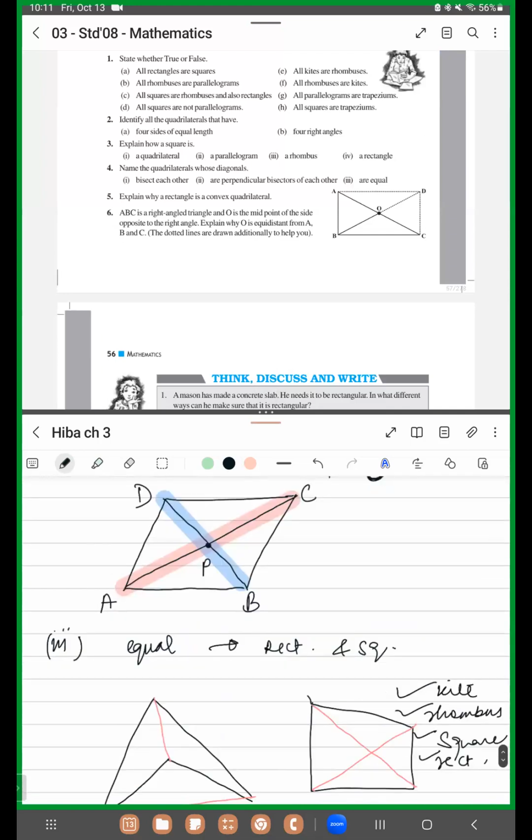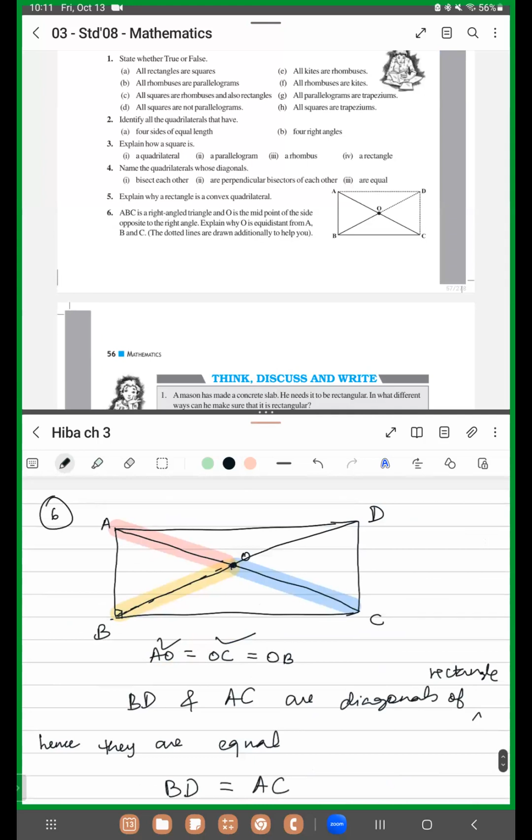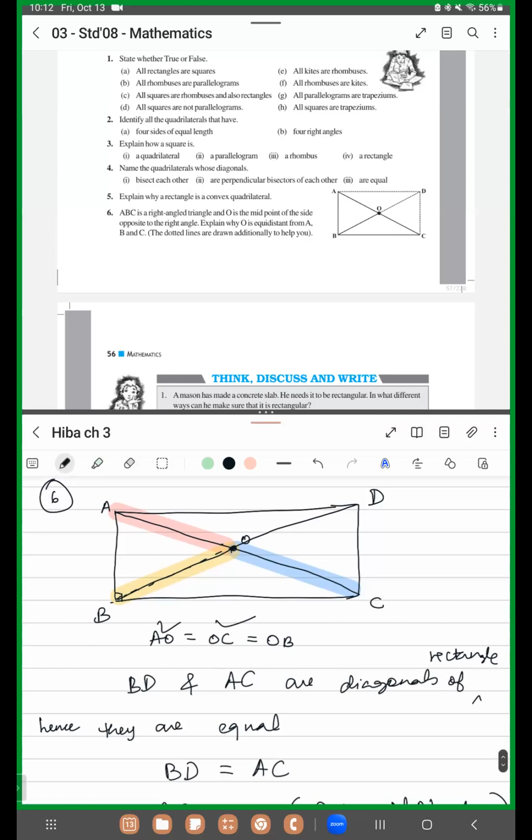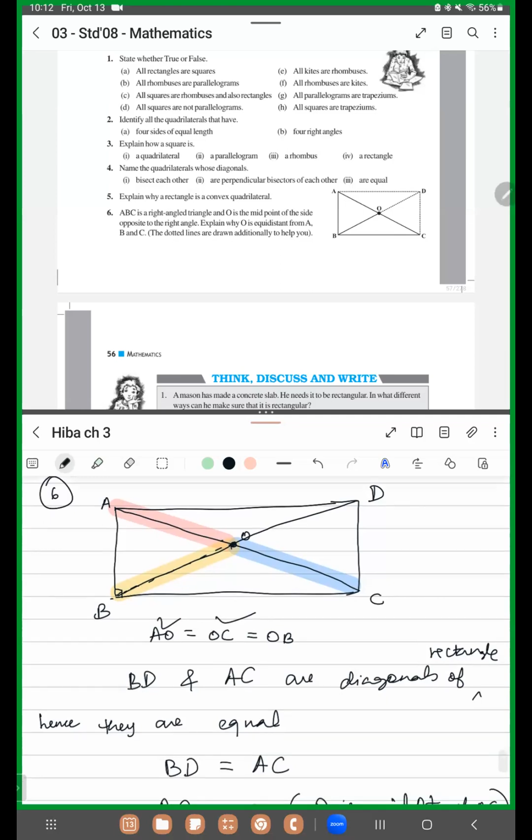There it is. Read the question. ABC is a right angle triangle and O is the midpoint of the side opposite to the right angle. Explain why O is equidistant from A, B, and C. The dotted lines are drawn additionally to help you. So, what are they saying? They are saying that O is the midpoint of the side opposite to the right angle.